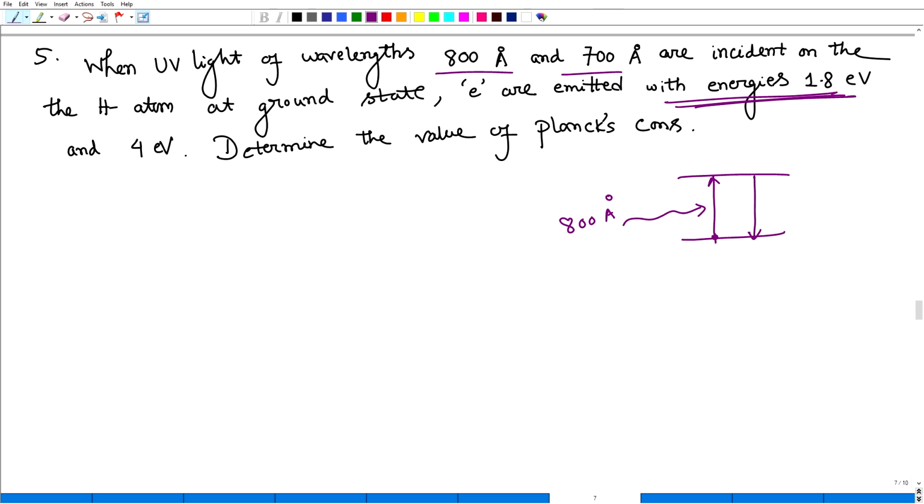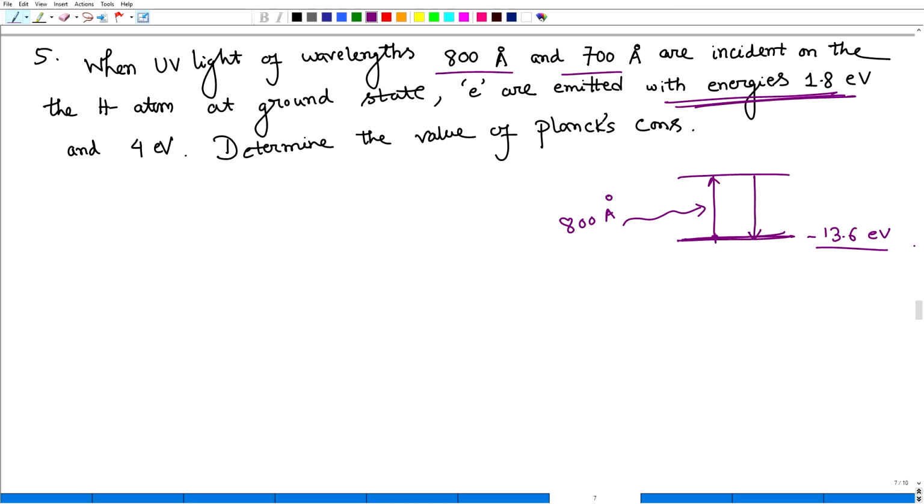So first we have to understand, let this be the ground state energy of hydrogen atom. We know that it is minus 13.6 electron volt, right? This is the ground state, that means this energy is the minimum energy. When UV light is incident on the hydrogen atom and an electron is emitted, there will be some work function, as we discussed earlier.